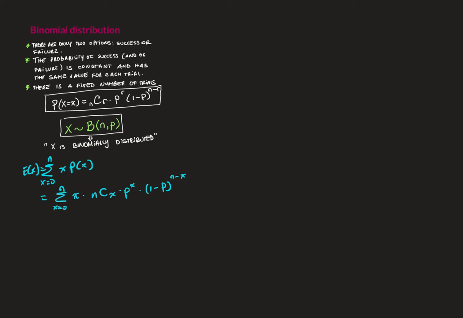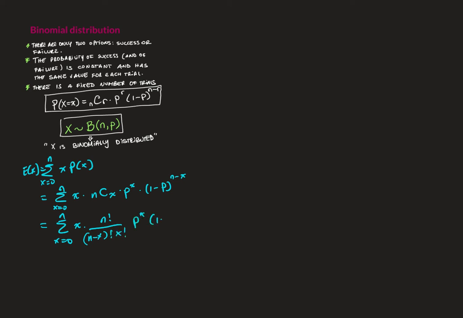Now we can write explicitly this combination: n factorial over n minus x factorial times x factorial.